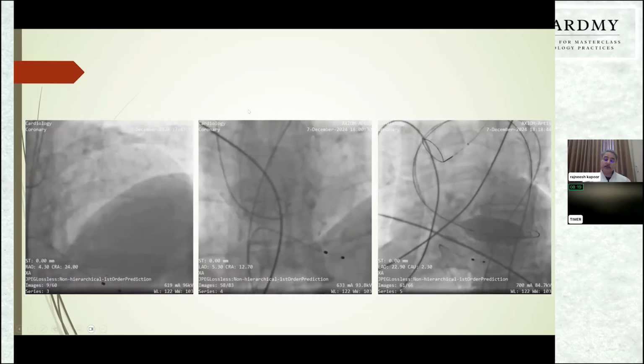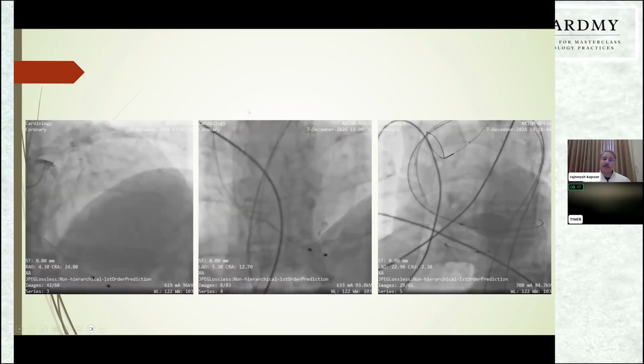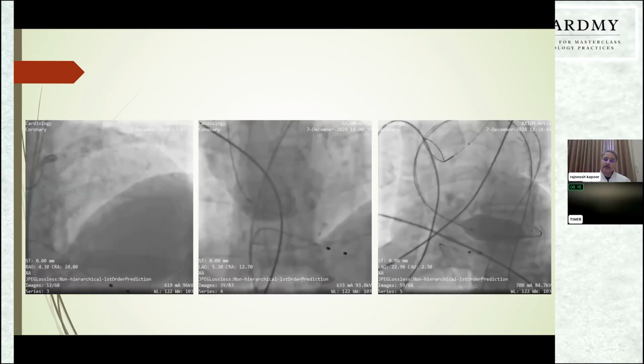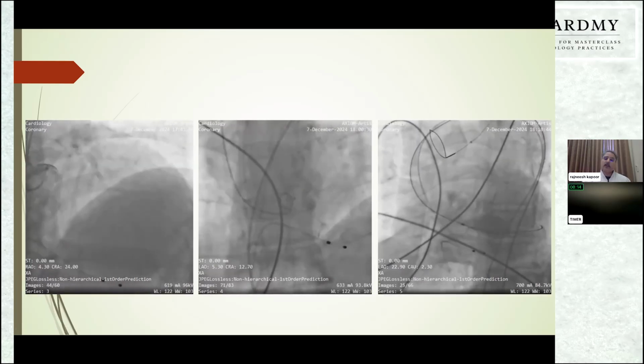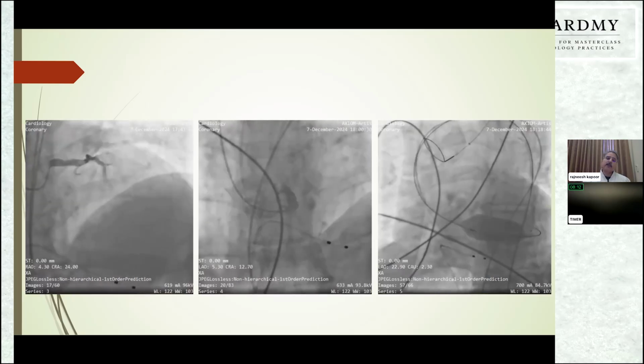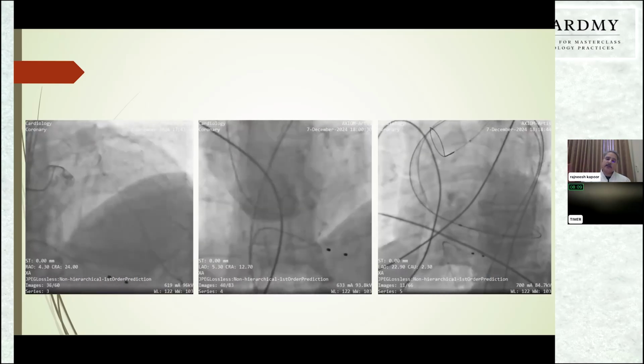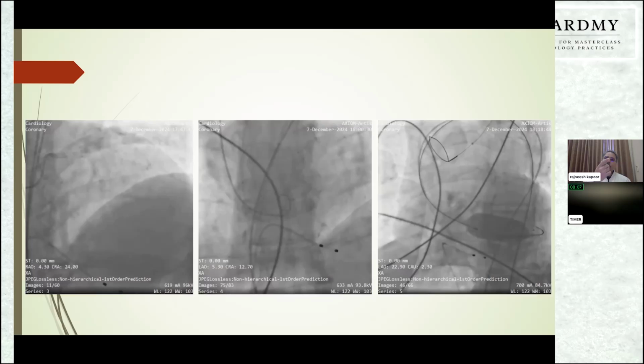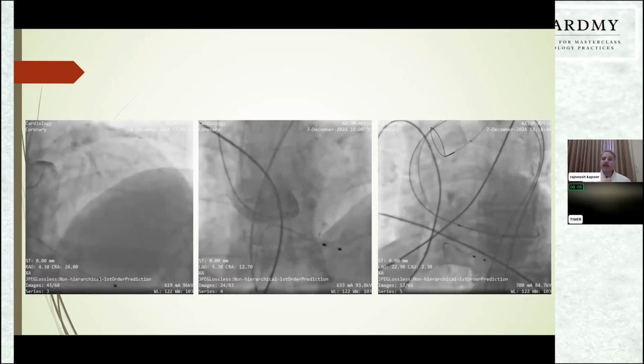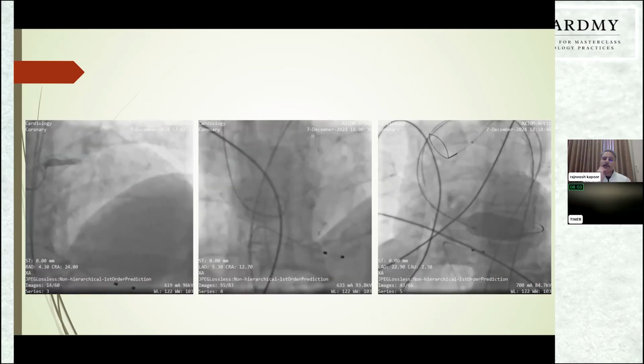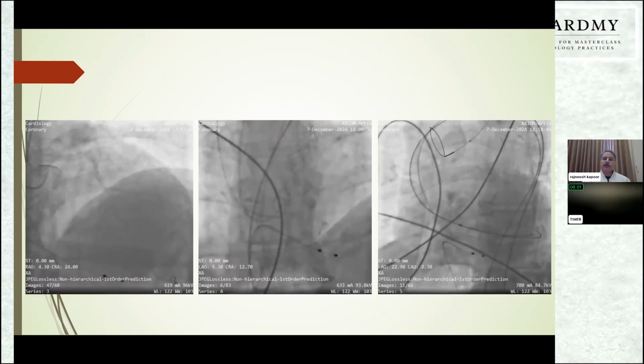And sometimes it doesn't go. Then you have to take out the whole hardware and go again. Then you try to have a Lunderquist wire, have another access from the radial, and pass another wire through that. So it becomes very messy. So based on that experience, we took a snare.